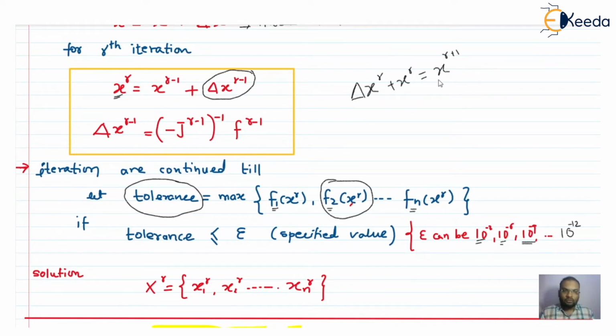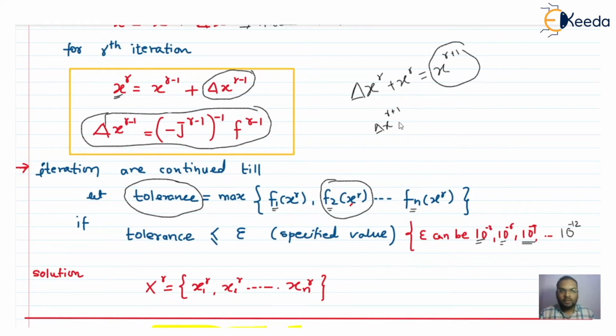So we have to check the convergence criteria in the (r+1)th iteration. If it is satisfied there, then this will be the solution. If it is not satisfied, then you have to find out the correction, which can be done with the help of this equation.